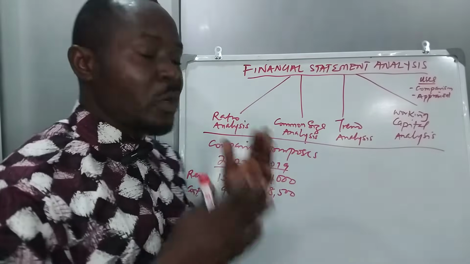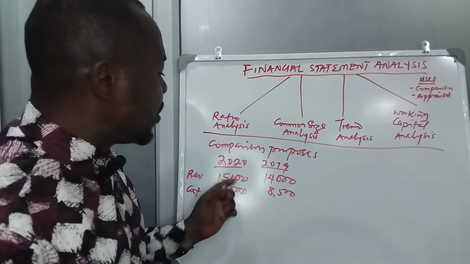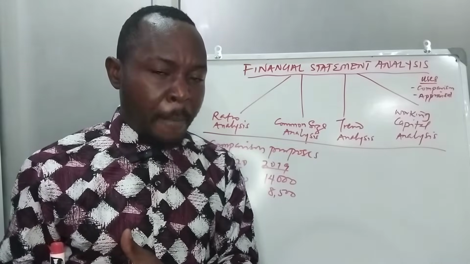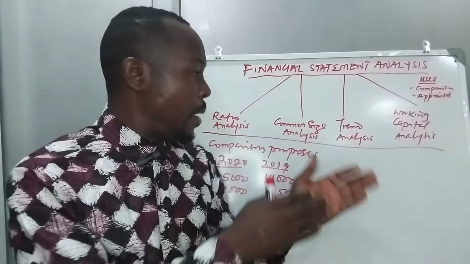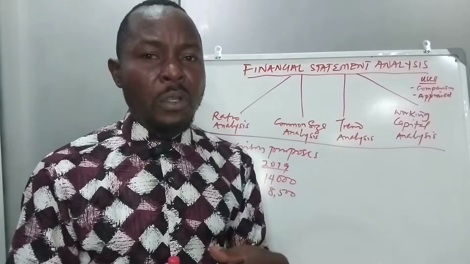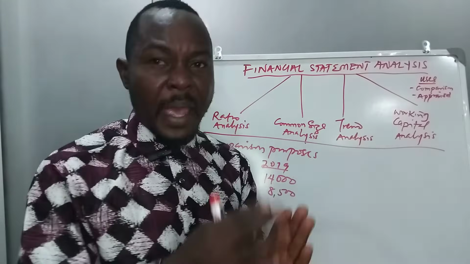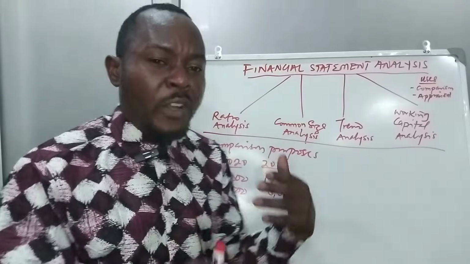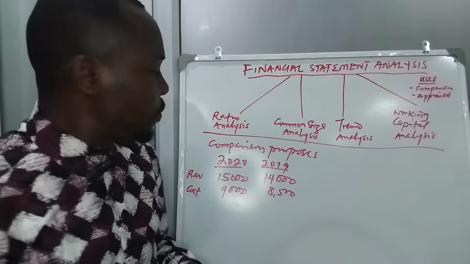Now, what are we saying? We're talking about comparison. How do we compare? We compare by putting two figures together: number one, the current year versus the last year. You can also compare the current year versus what you call the forecasting figure. You can compare the future projected value of the company using the same tool.